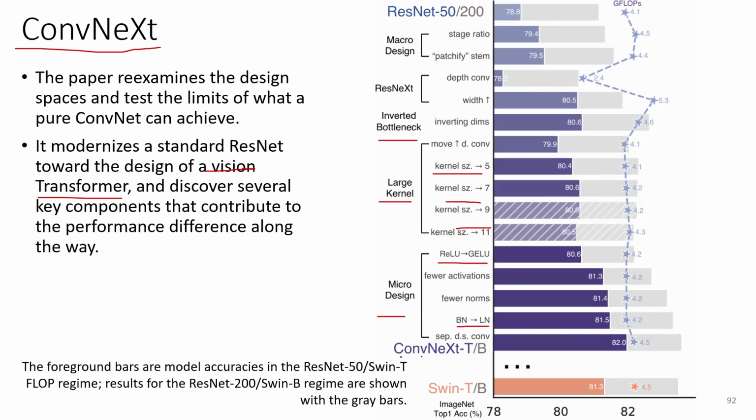So therefore the so-called ConvNeXt-T, the blue one, had better performance than the so-called Swin Transformer. 82 compared to the Swin Transformer's 81.3. So that means the transformers' performance was able to be obtained by that. Then they had the B and Swin-B. This I think tiny, this base that has this much, but they were able to exceed that.